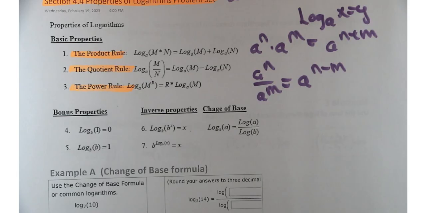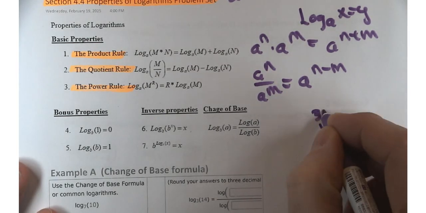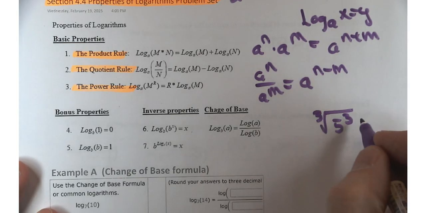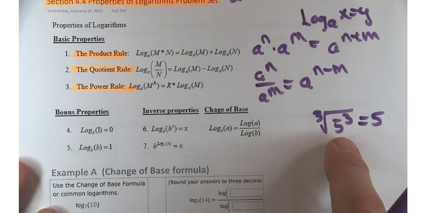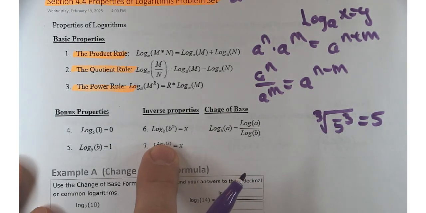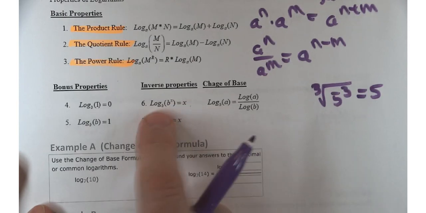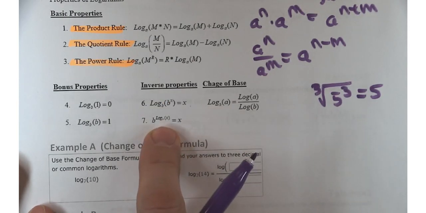It'd just be like taking the cube root of 5 cubed. Once you cube 5, you get 125, but then you take the cube root and you get back to where you started. That's because cubing and cube root are inverse functions. Same thing's happening here. You got the log base b of b to some power. That's just going to give you the power. You're doing opposite or inverse functions.